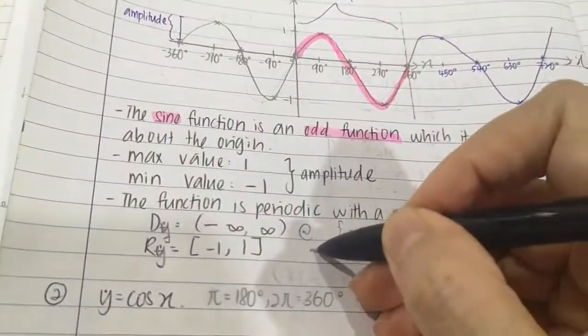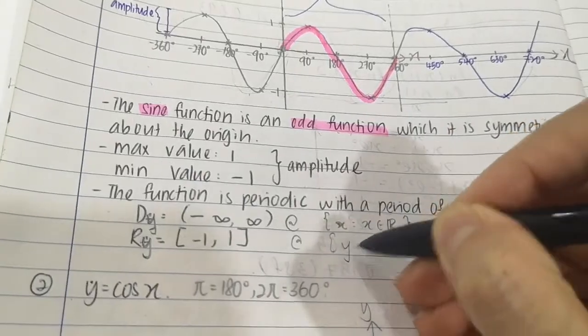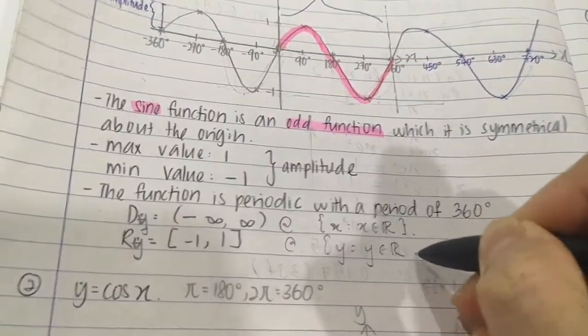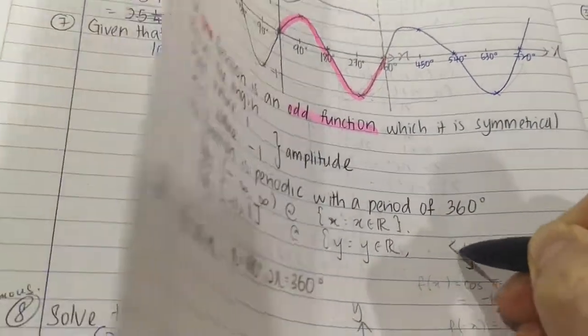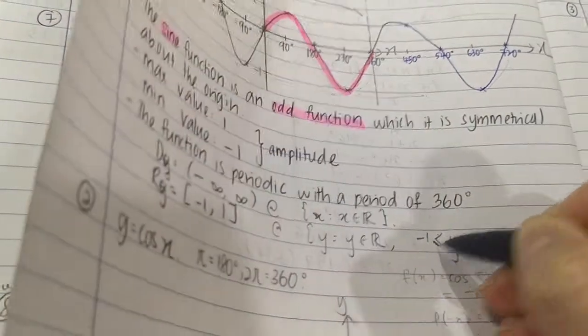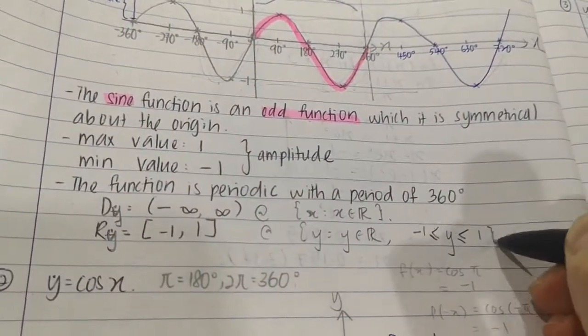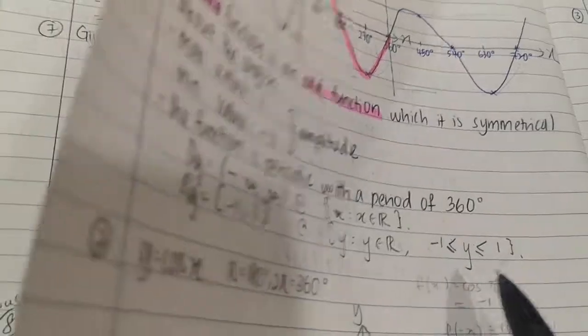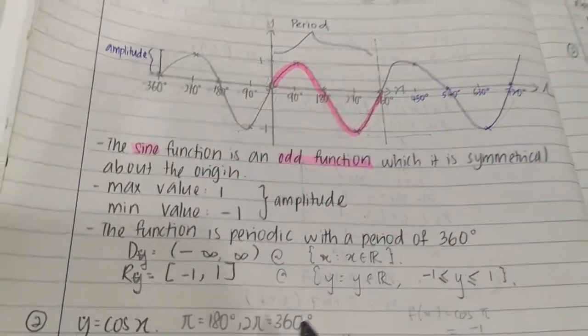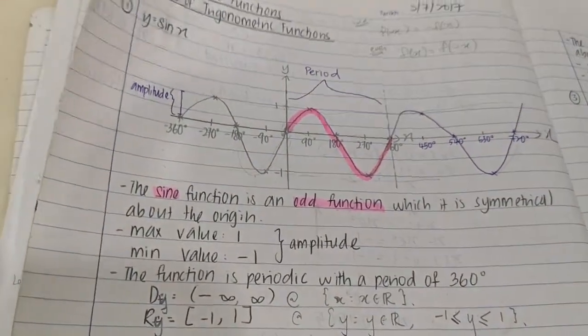Why square bracket? Because it can touch negative 1 and 1. Or if you want to write your answer in set form, x is any real number, and y is from negative 1 until 1. This form is also correct. So this is the explanation for the first example.